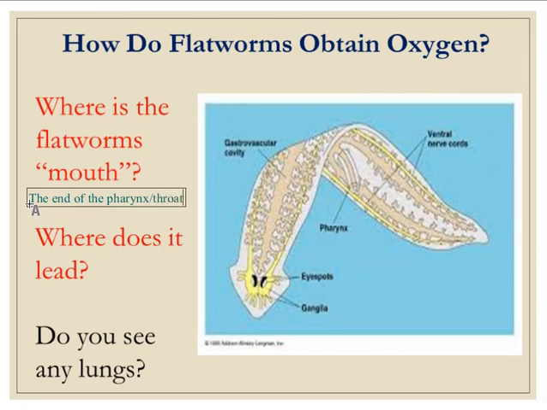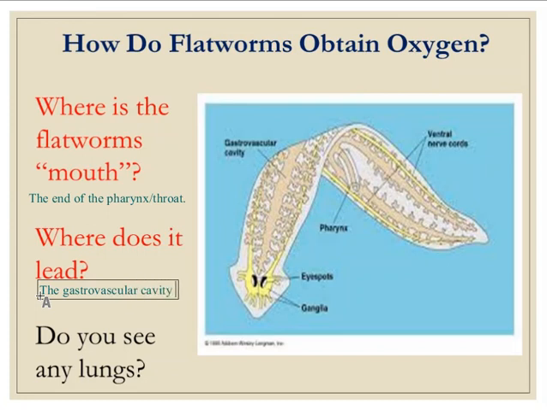The next question we need to lead from that is, where does that go to? So if this is their version of our mouth, then where are their lungs? Do you see any lungs on this organism? We see this cavity here, which we discussed as the digestive system, is called the gastrovascular cavity. So that's where the pharynx leads, and that's for digestion.